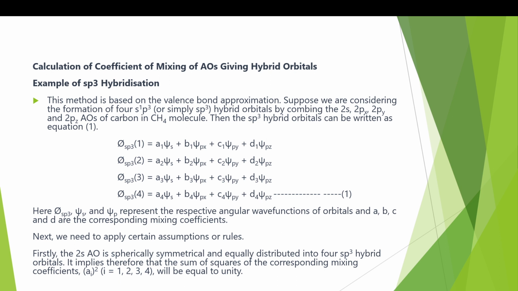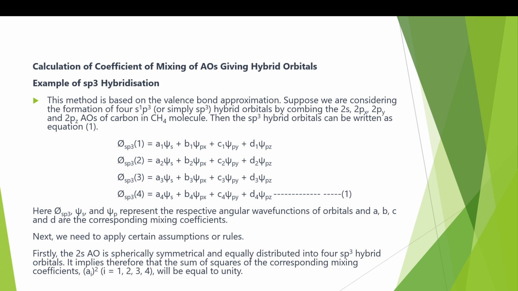Let us now proceed to calculate the coefficient of mixing of atomic orbitals giving hybrid orbitals. First, we take up the example of sp3 hybridization. This method is based on the valence bond approximation. Suppose we are considering the formation of 4 sp3 hybrid orbitals by combining the 2s atomic orbital and the 2px, 2py, and 2pz atomic orbitals.